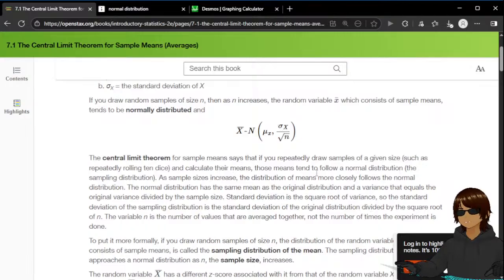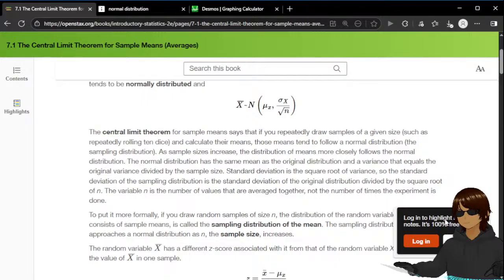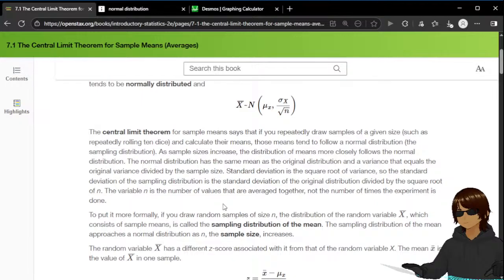The population, you mean? Population distribution divided by the square root of n. The variable n is the number of values that are averaged together, not the number of times the experiment is done.